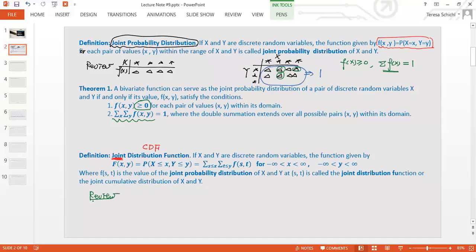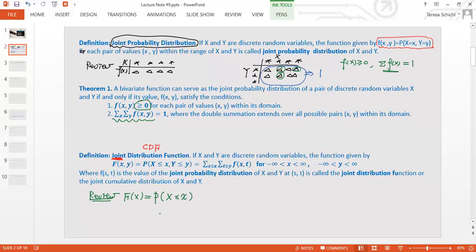If you still remember, for the single random variable, we defined the CDF as a capital F of X. Remember, the capital F of X always represents the single random variable. So this is what we talked about before, X, equal to this value of X here.